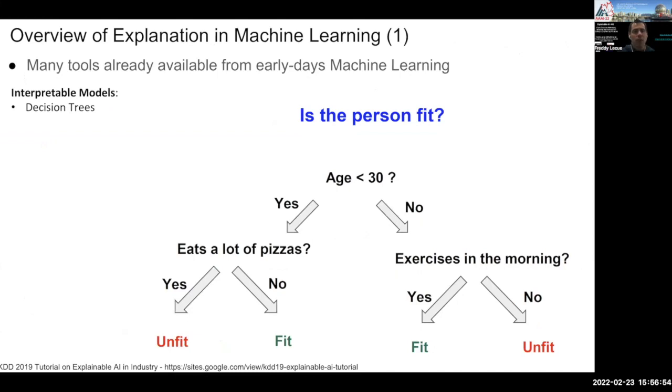So if we look at an overview of explanation in machine learning, you have decision trees. This is one of the basic models. That's very easy to interpret, especially if you have a limited number of features. That's just if-then-else statements or a combination of them. And basically, if you're fitting that rule, that's it.